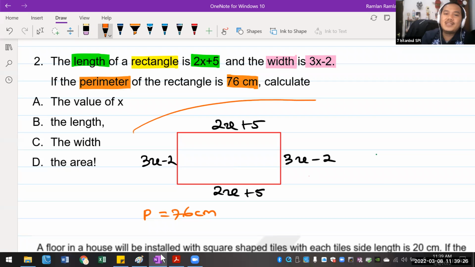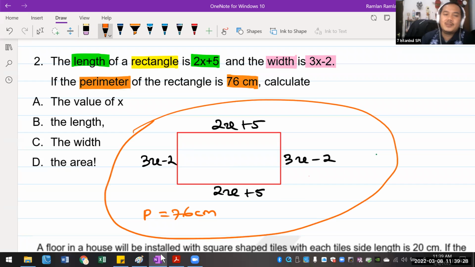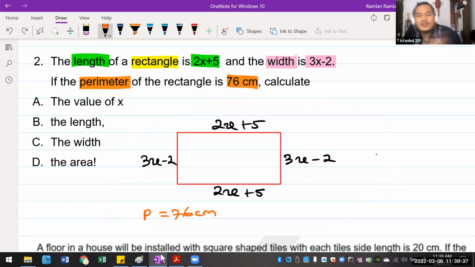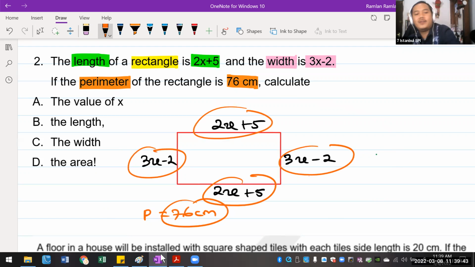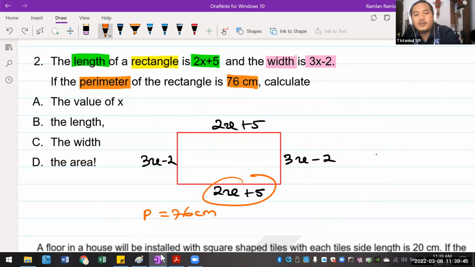And then you use the same exact concept to answer this question. The first one is the value of x. Basically, you just add all of the sides: this plus this plus this plus this equals 76. Then find the value of x by solving the algebraic equation that you make after you write that.